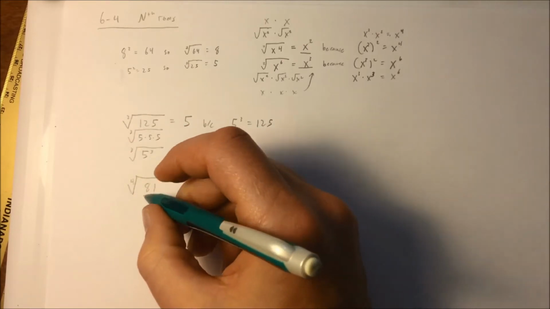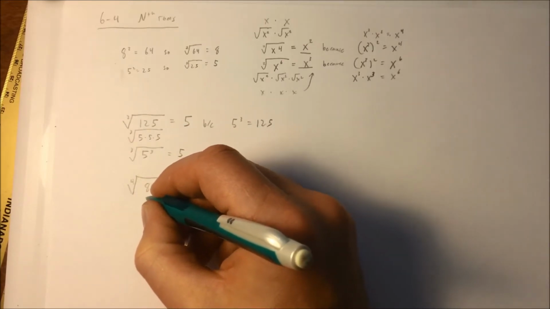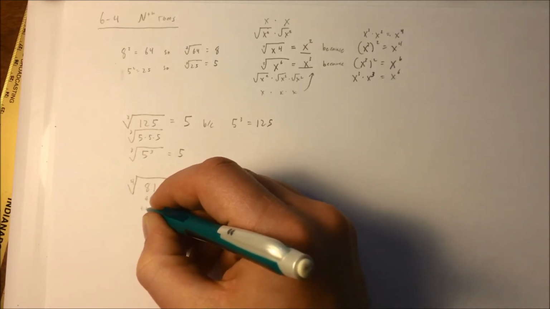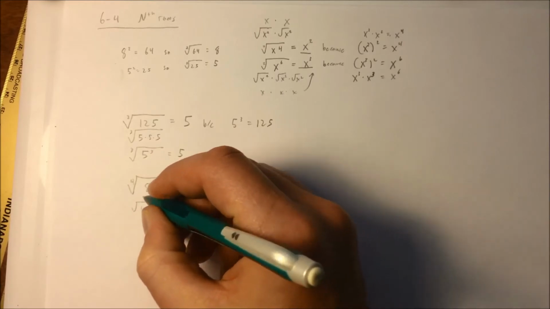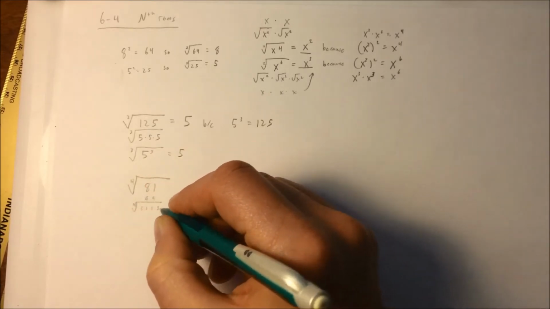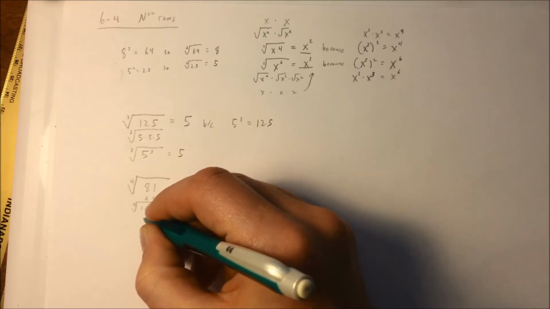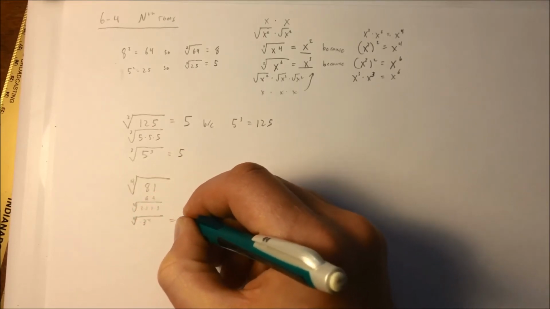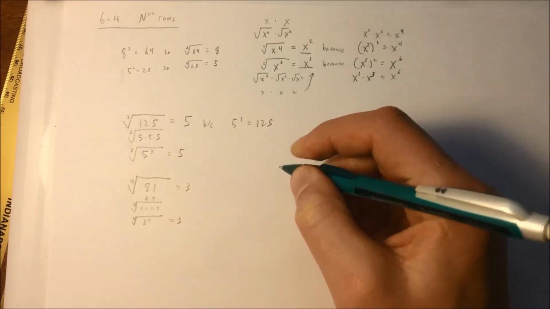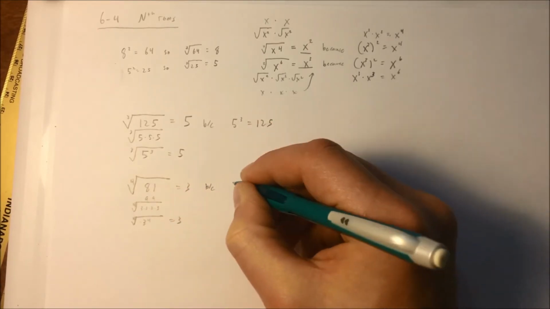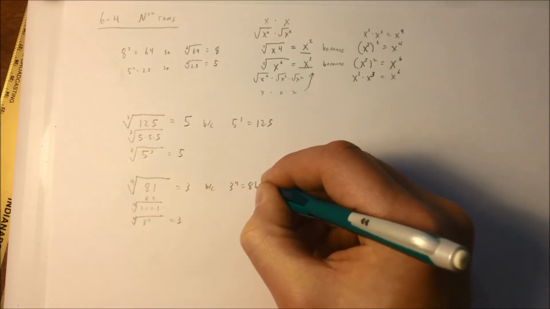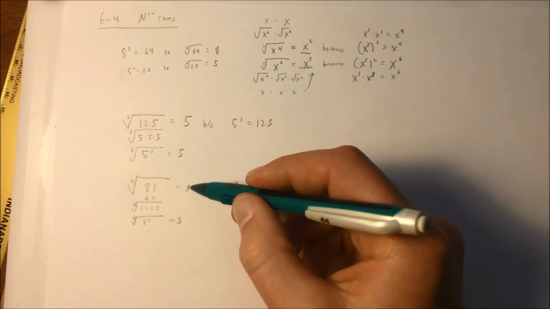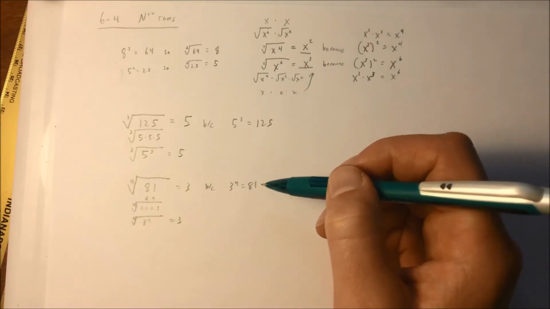Well, I could break this down into 9 times 9, or I could break those down into 3 times 3 times 3 times 3. The fourth root of 3 to the fourth should just be 3, because 3 to the fourth is equal to 81. So we're just undoing it here. So the fourth root of 81 is equal to 3.